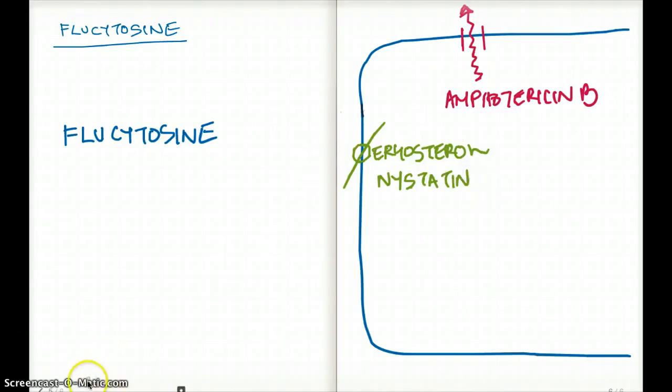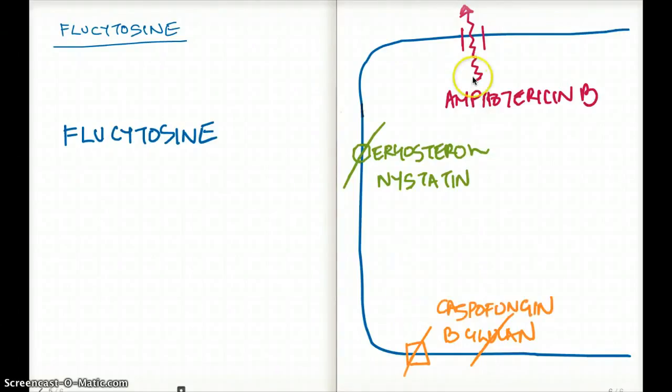And the third type that works at the level of the cell wall is by inhibiting a protein called beta glucan. And when beta glucan is inhibited, that drug is called caspofungin.